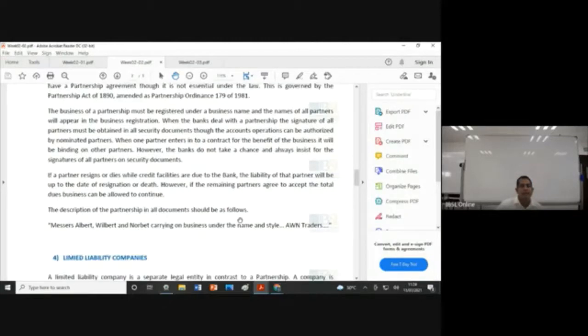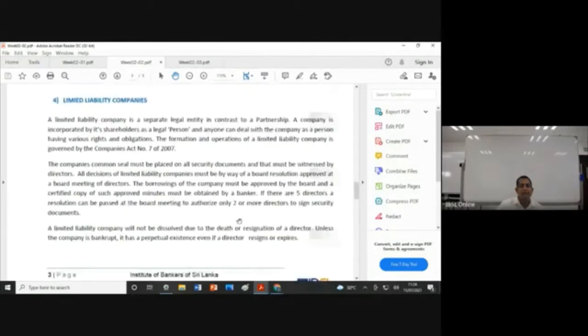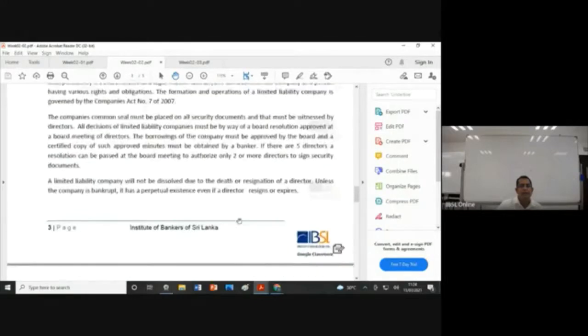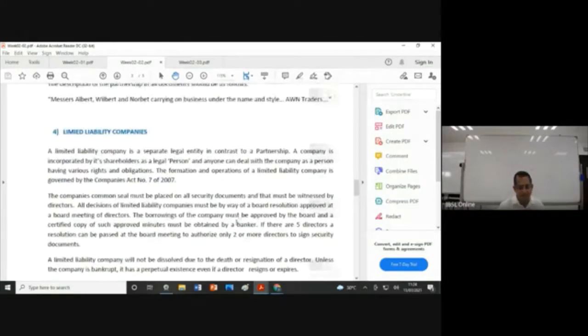Then comes the limited liability company. This is the first time a separate legal entity is created. Shareholders are the owners of this business. So now we had Indica Grocery, which is a sole proprietorship.